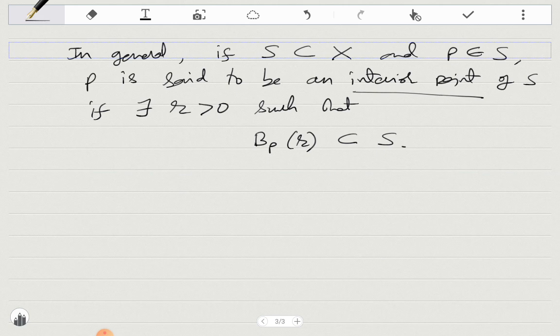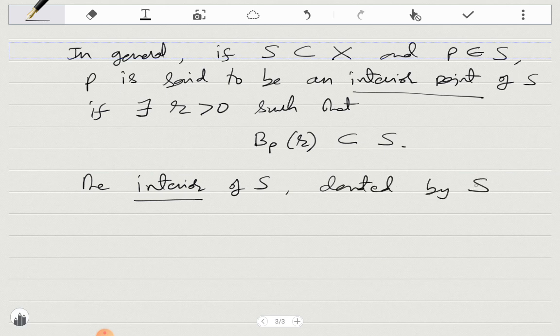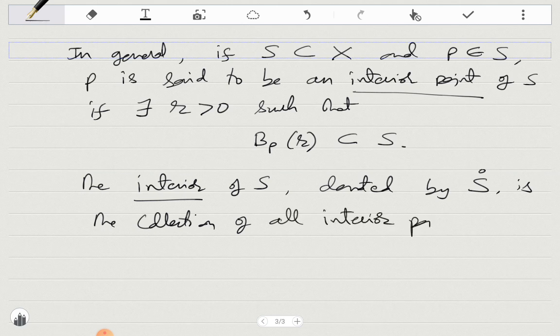Those points are called interior points. And the collection of all interior points is called the interior of S, denoted by S with a small circle on top.